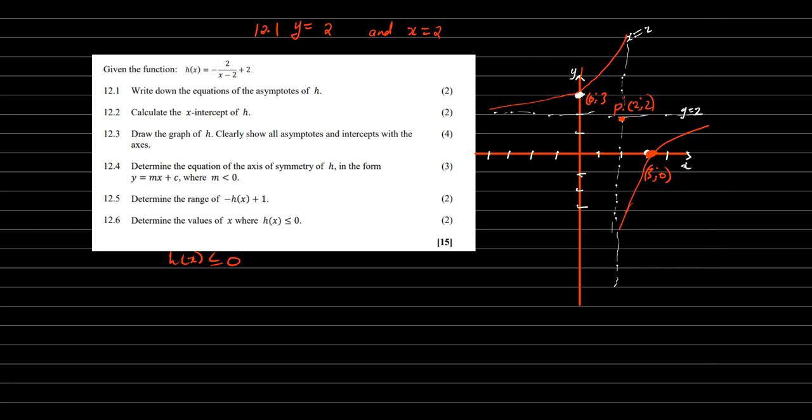You mustn't use the algebraic method because you might lose some marks somewhere. You are just going to look at the graph. We want to check wherein this graph lies on or below the x-axis. It lies on the x-axis at this particular point here, and also this one. But we need to exclude the asymptotes.